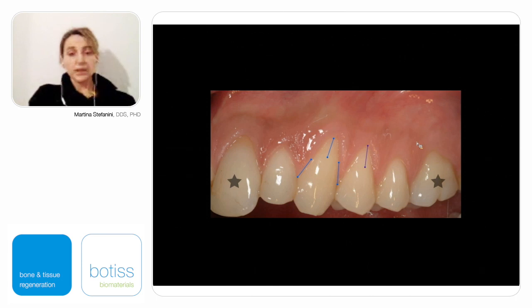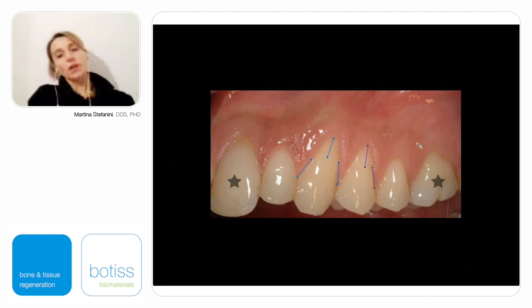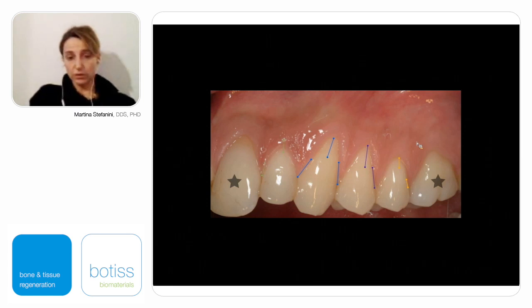measure should be reported starting from the tip of the mesial and the distal papilla. Then the same thing should be performed measuring the recession at the level of the first premolar, and this measure should be placed on the distal side of the premolar, and the same thing should be done at the level of the second premolar and then at the level of the lateral.